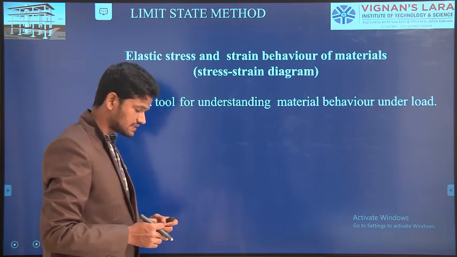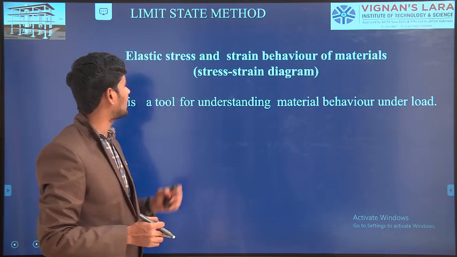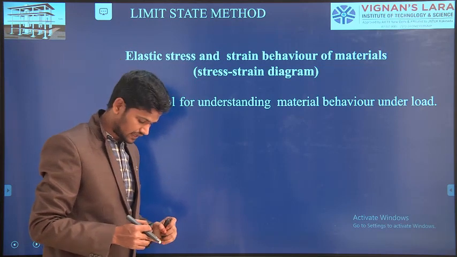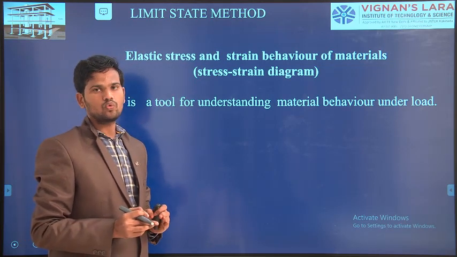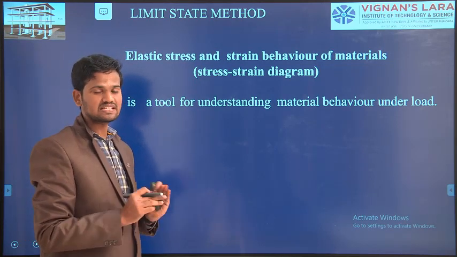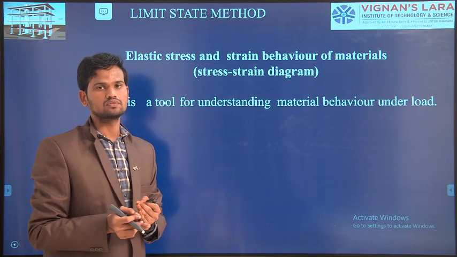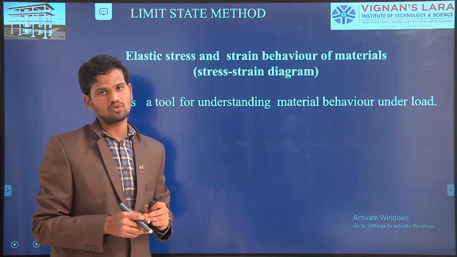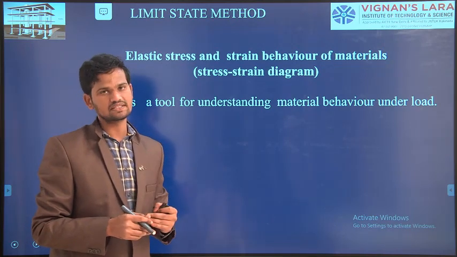Next, we will discuss the elastic stress and strain behavior of a material. We are going to discuss the stress strain behavior of various types of mild steel or cold deformed bars. Again, I will recap the topics we have discussed up to now.